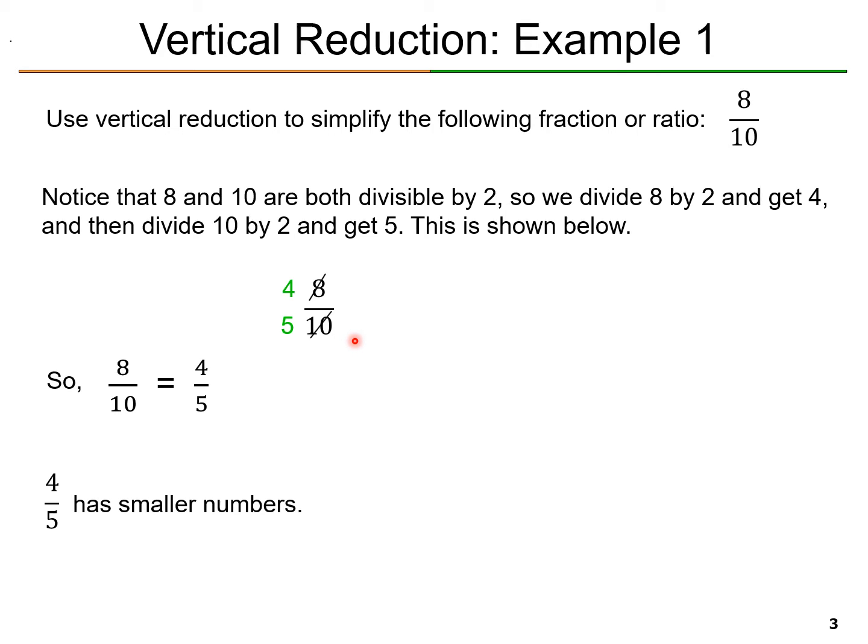And also, it's best practice to reduce numbers to the smallest possible numbers when we're performing math. So 4 is smaller than 8, 5 is smaller than 10, but this fraction here, 4/5, is equivalent to 8/10.